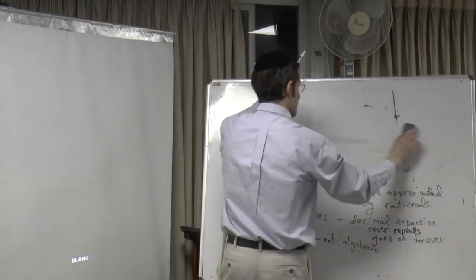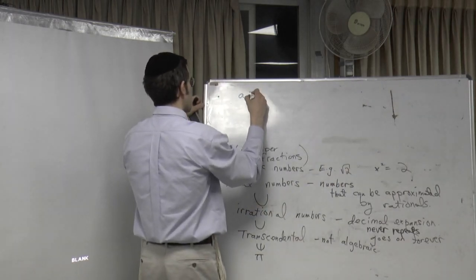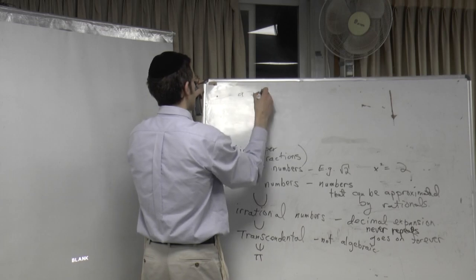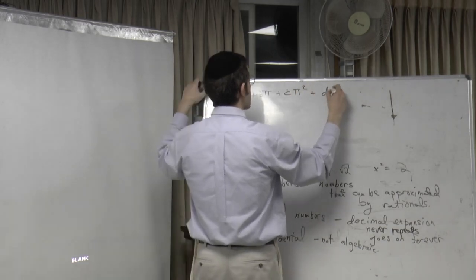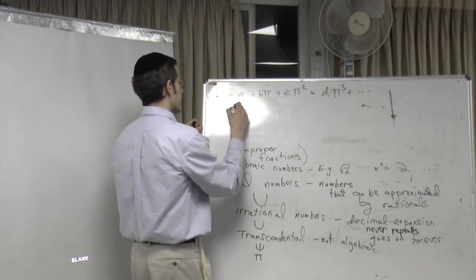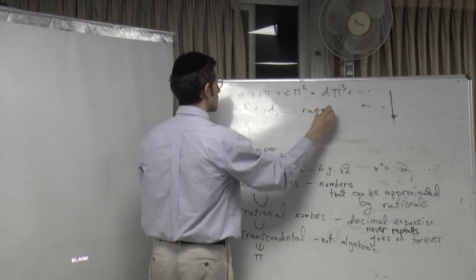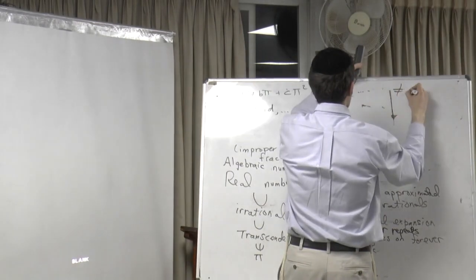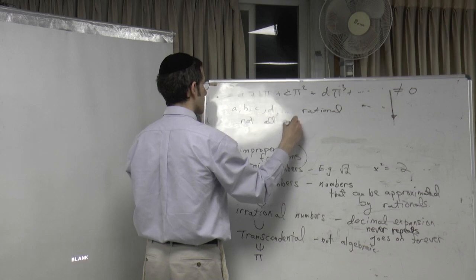In other words, you can never, if you write something like a plus b times pi plus c times pi squared plus d times pi cubed, and so on and so forth, as long as you want, no matter what, as long as a, b, c, d, etc. are all rational, and I have to assume that one of them is not 0, then this will never equal 0.